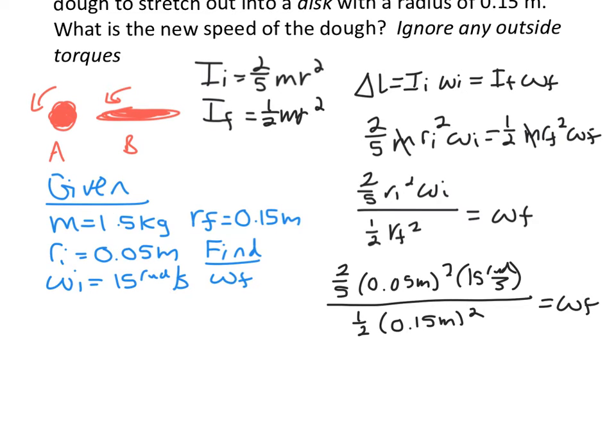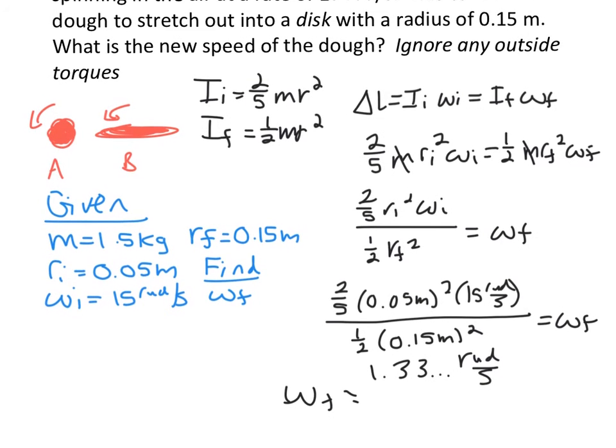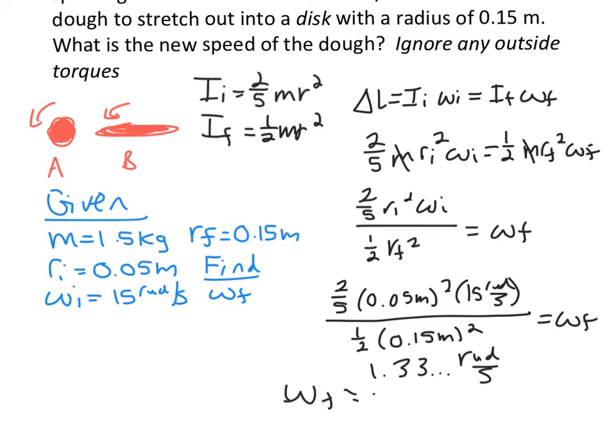Multiplying this out, we get 1.33, keeps on going, radians per second. So omega final is about equal to 1 radian per second.